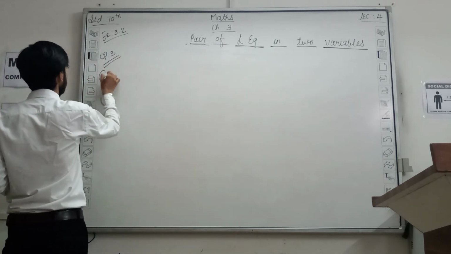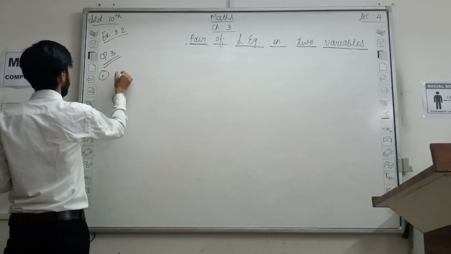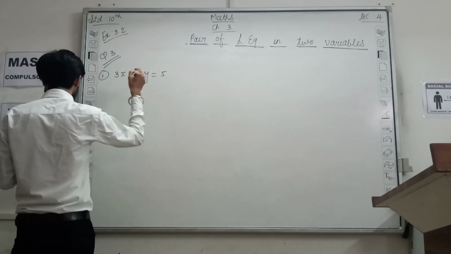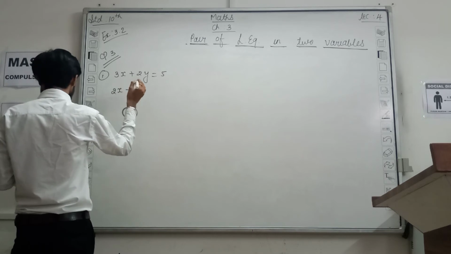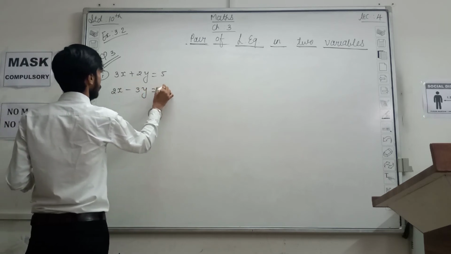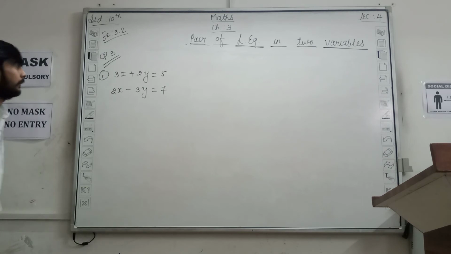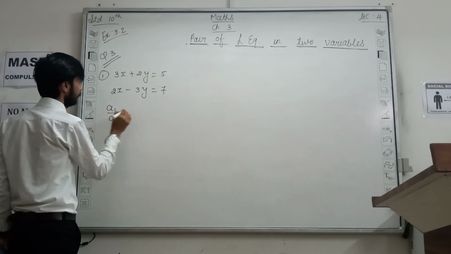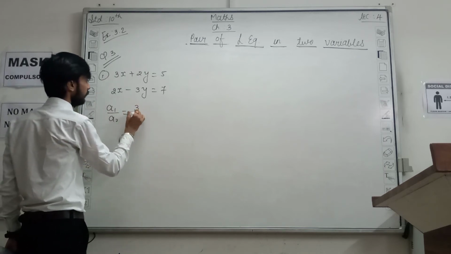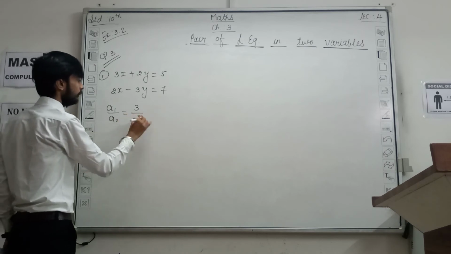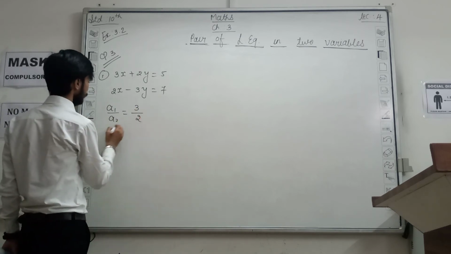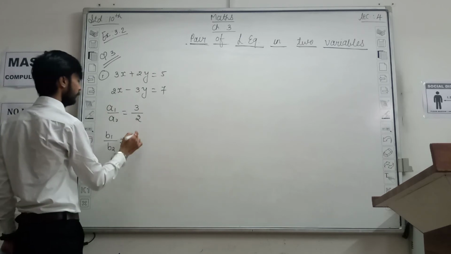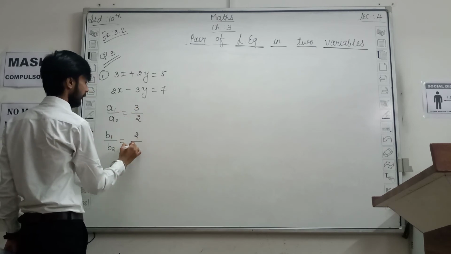Number 1, 3x plus 2y equals 5, and second equation 2x minus 3y equals 7. Now a1 is 3 upon a2 is 2. a1 upon a2 is 3 by 2. b1 upon b2: b1 is 2, b2 is minus 3.